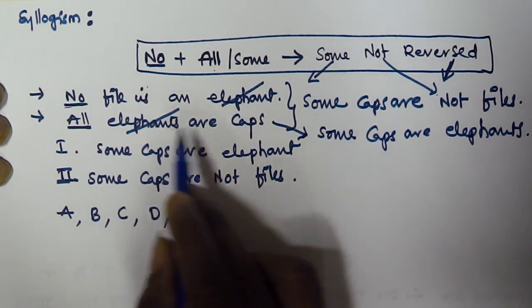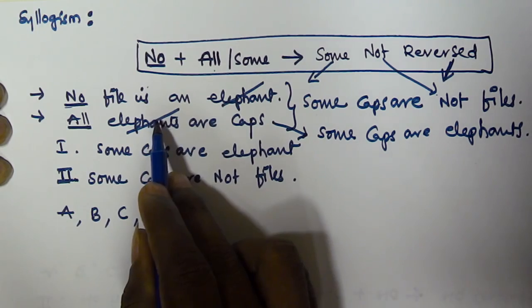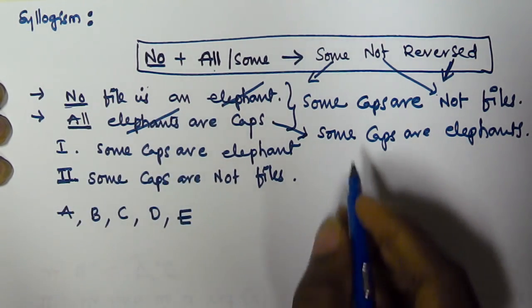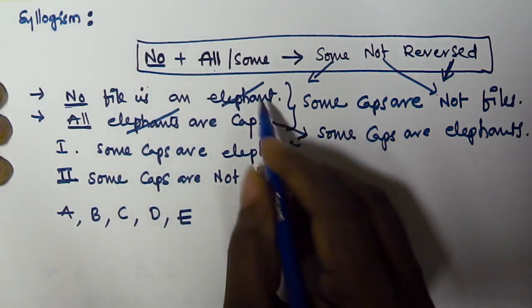So these two we derived from the given two syllogisms.